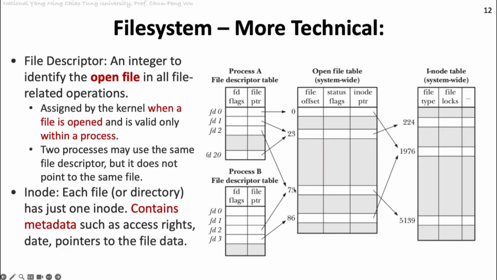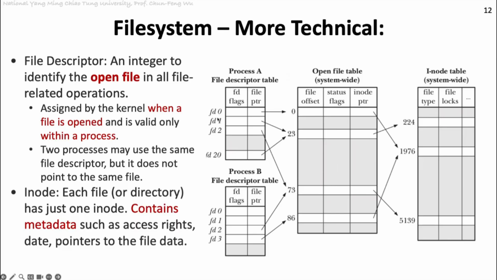For example, this 73 here will be directly linked to inode number 5139. That means process A and process B, even though they are separate processes, are opening the same file data. So it gives the process more flexibility to identify each kind of file data.